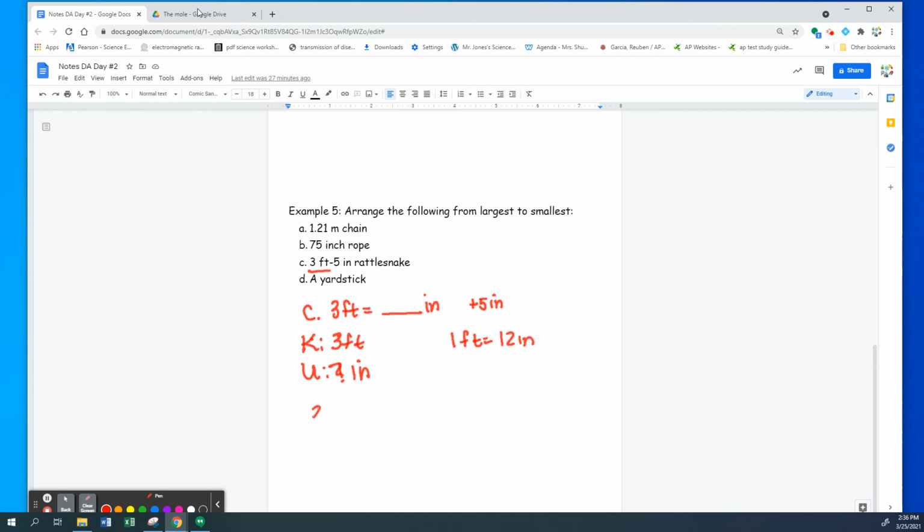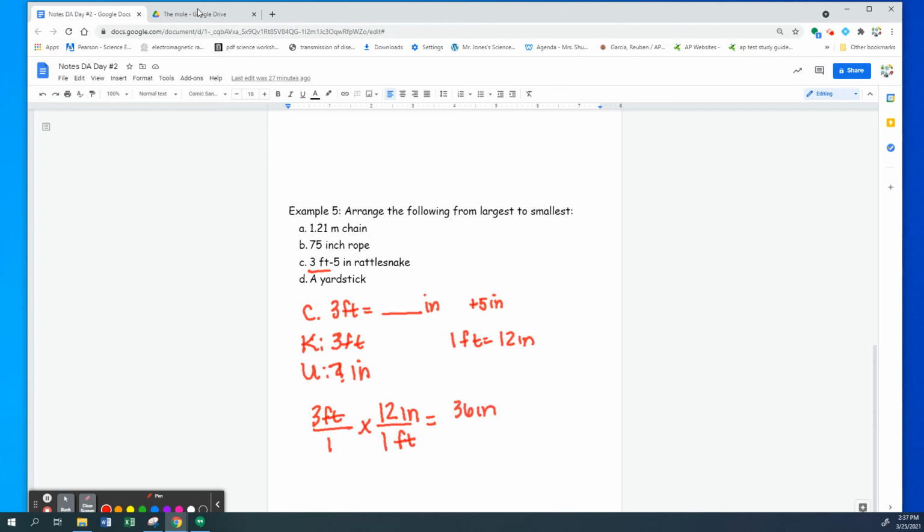Put my known over 1. Multiply. Feet is on top here, feet on the bottom. My number that goes with feet is 1. And the other half of the conversion factor is 12 inches. Use my calculator. 36 inches.